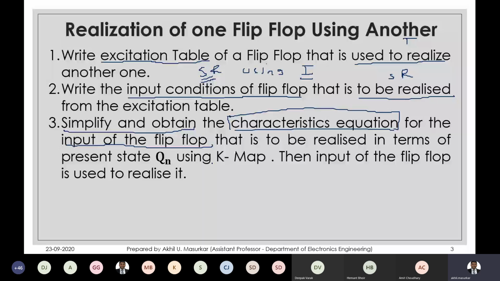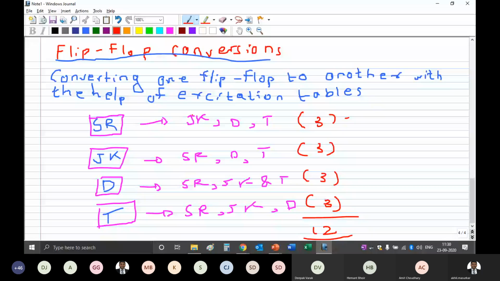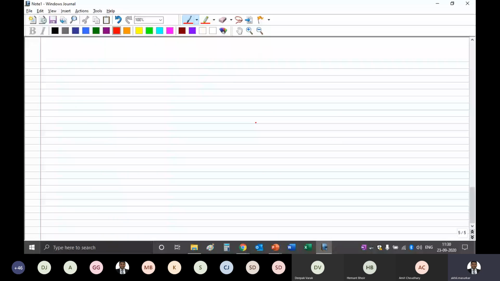Let us say I have an SR flip-flop, SR, Q and Q bar. Now I want to implement a T flip-flop using SR.